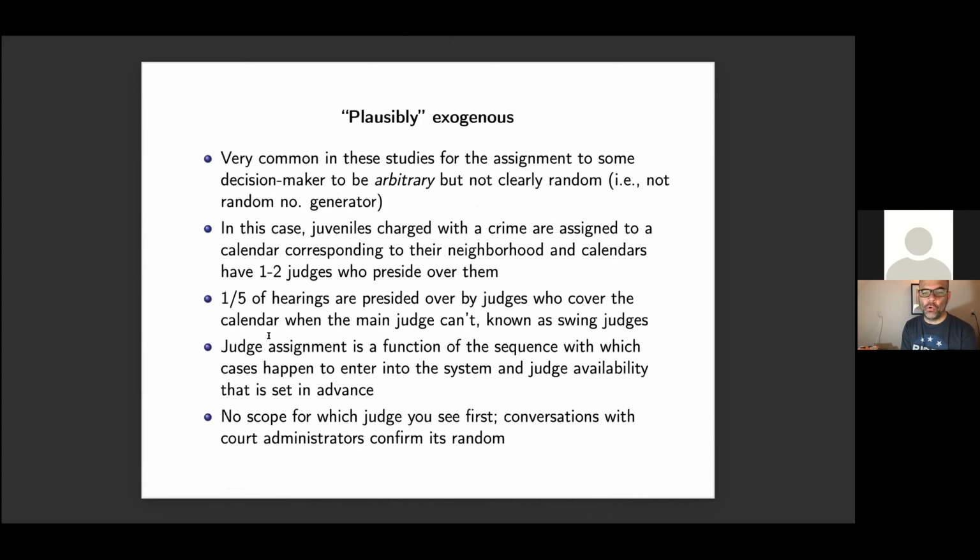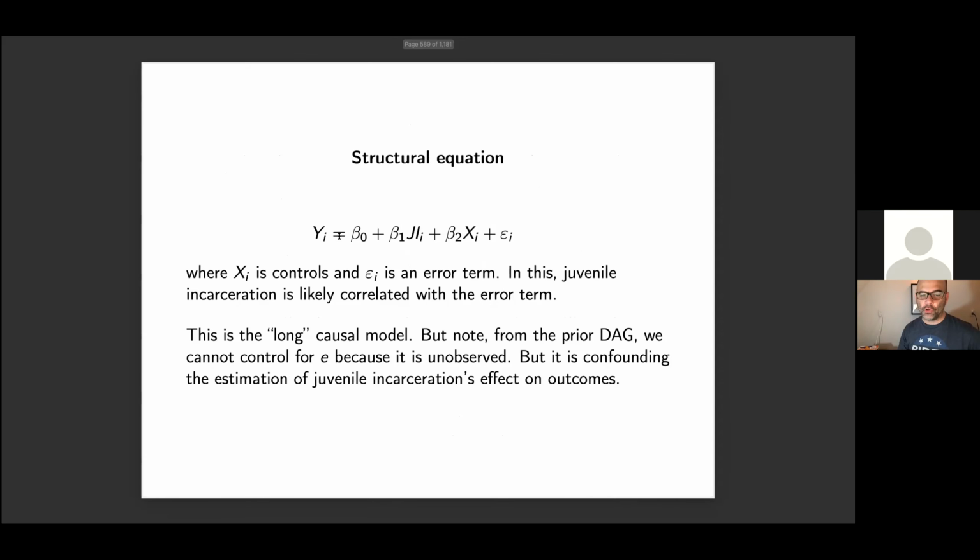Okay, so I'm going to skip this part. So here's the structural equation. Here are the outcomes, Y outcomes: high school graduation and adult incarceration. Okay, so those are our Ys.